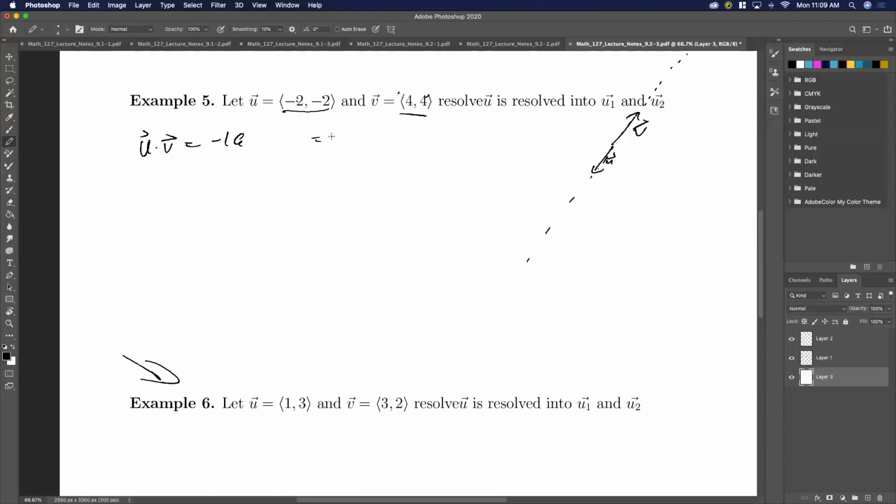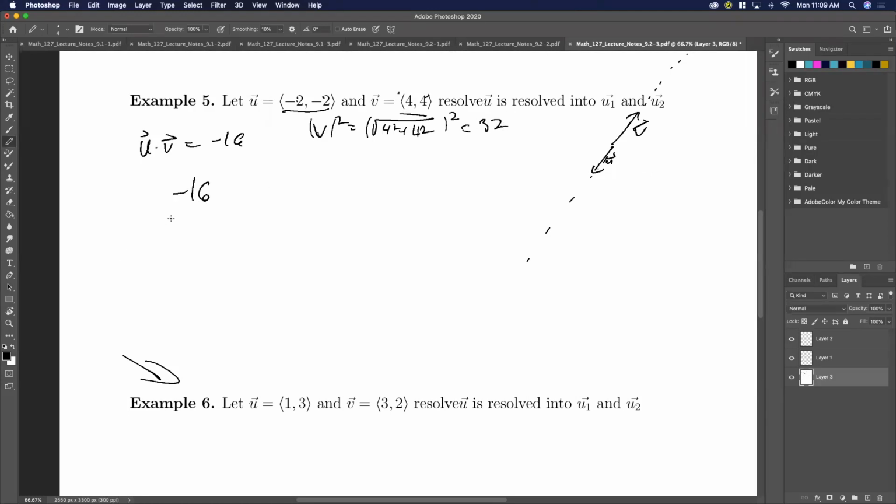Here we'll have this equal to the magnitude of v squared. So the magnitude of v squared is equal to the square root squared of 4 squared plus 4 squared. So it's just 4 squared plus 4 squared, which is 16 plus 16, so 32.